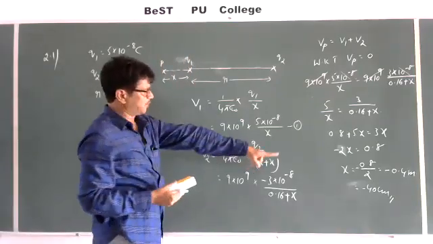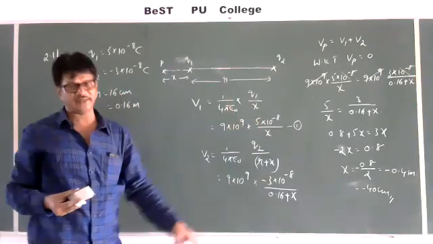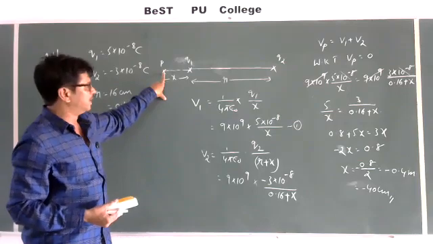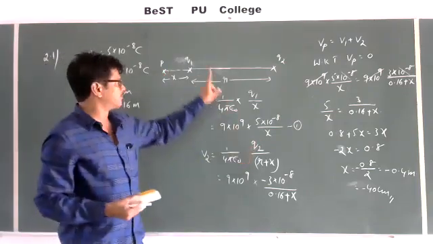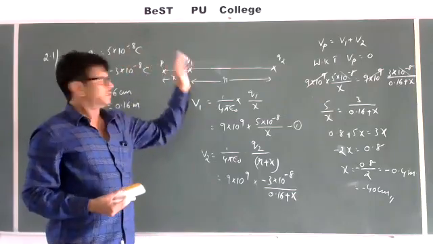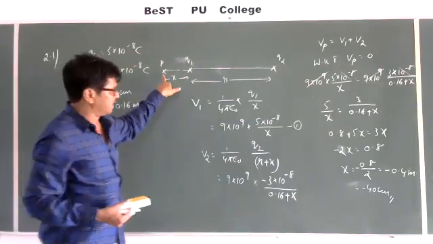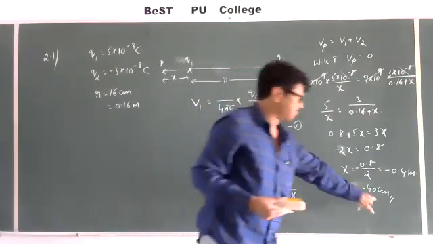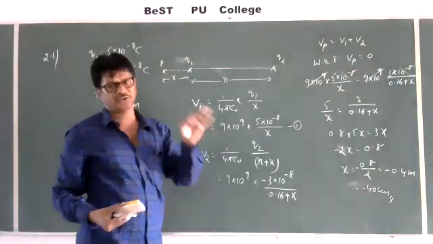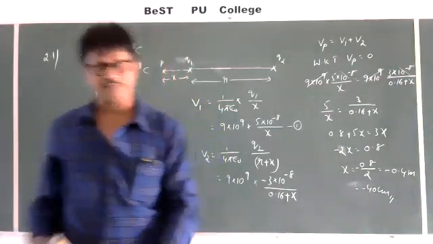So here minus 40 centimeters indicating that the zero potential point will be at a distance of 40 centimeter from Q1 towards its left. The zero potential point is at a distance of 40 centimeter from Q1 towards left. Like that, you should write the statement.